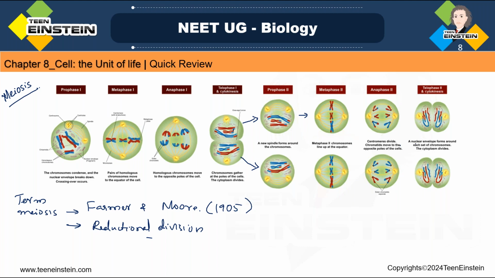So here what is happening, a nuclear envelope is forming around each set of chromosomes and the cytoplasm is also getting divided. Here the genetic material is not getting doubled, synthesis of genetic material is not happening the second time, right? Only one time the DNA synthesis is taking place and two cells are forming, and each cell is entering one more cycle of all these events, right?